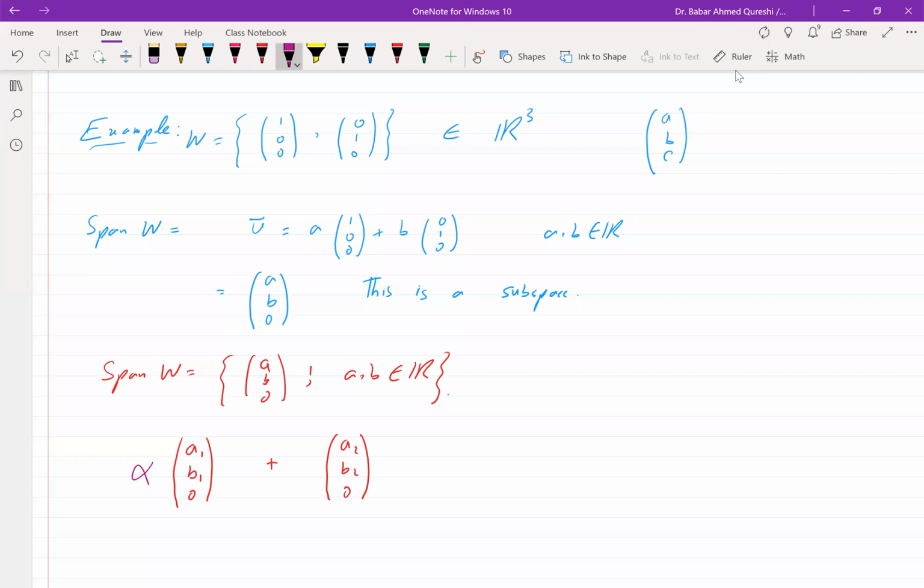Let's call them alpha 1 and beta 1. So what do I get? I get alpha 1 A1, alpha 2 B1, 0, plus alpha 2 A2 plus alpha 3 A3. So I do get a vector of the form which is present in span of W. So this is in span of W, and that's enough to show that span of W is a subspace of R3.